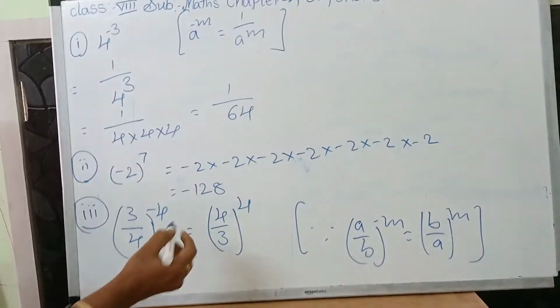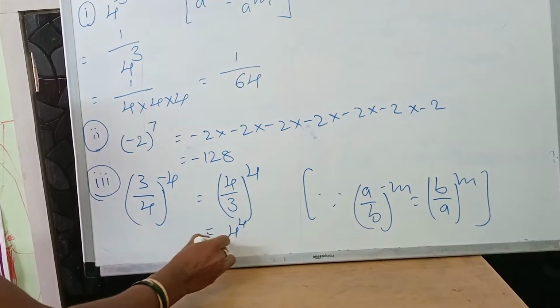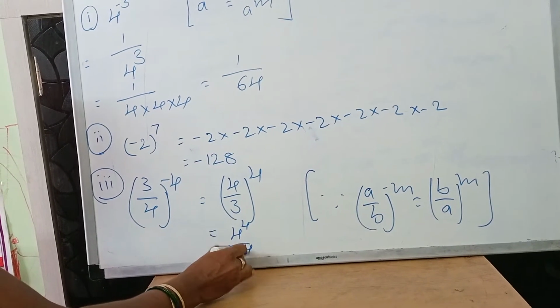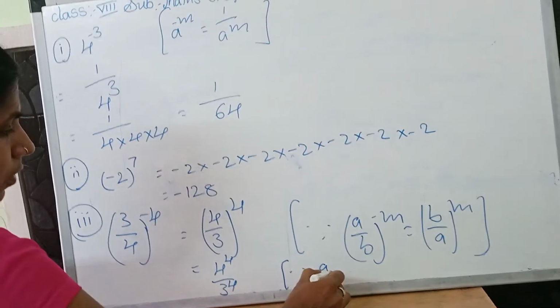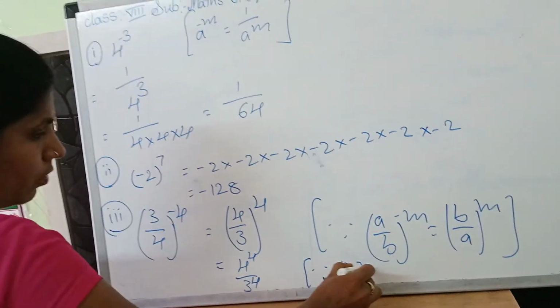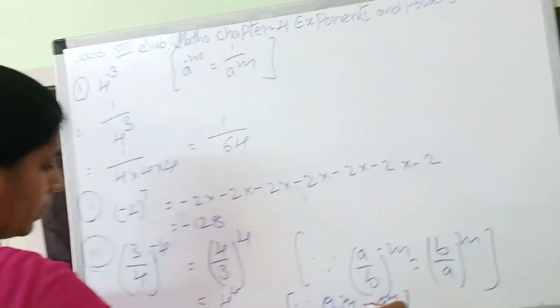So like this. Now 4 to the power of 4 by 3 to the power of 4. Here also the formula: a by b whole to the power of m, we can write as a to the power of m by b to the power of m.